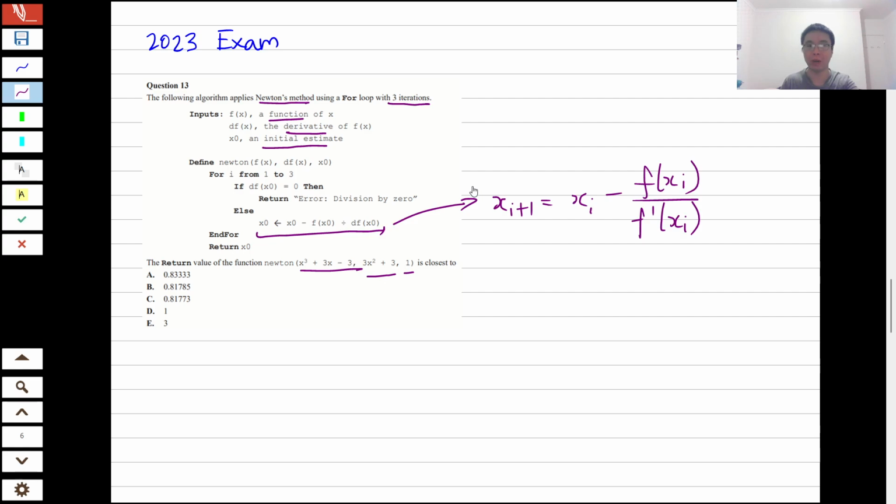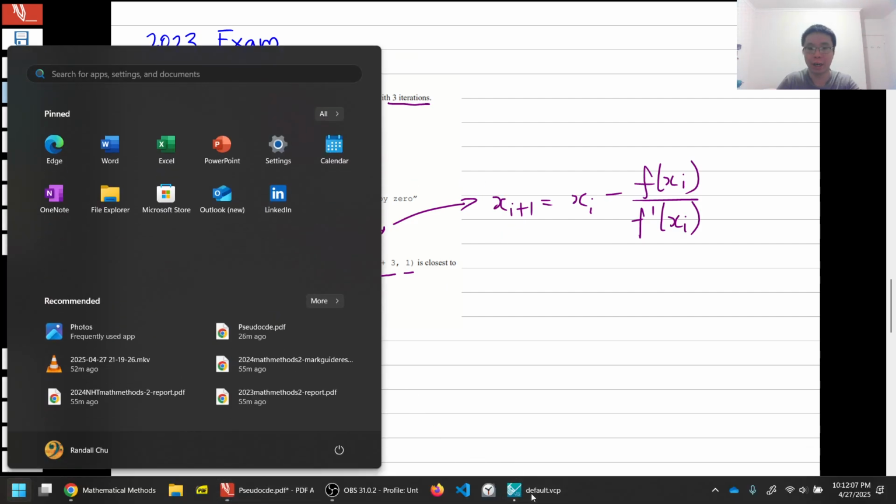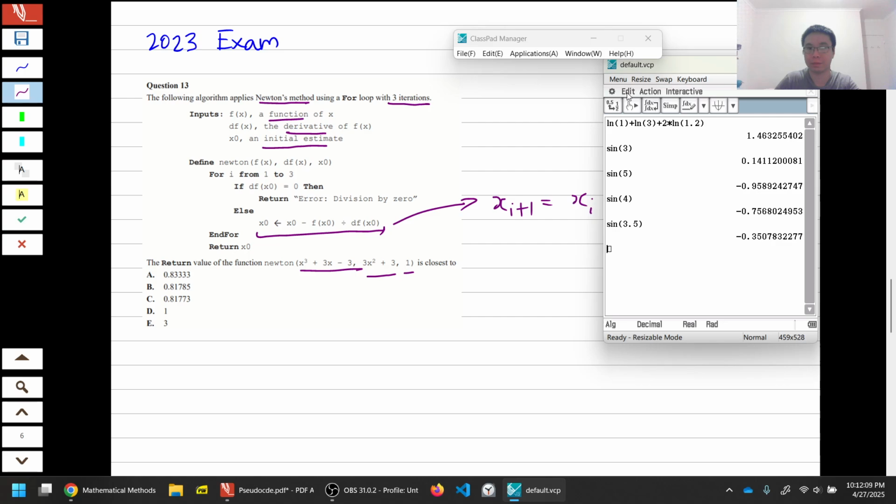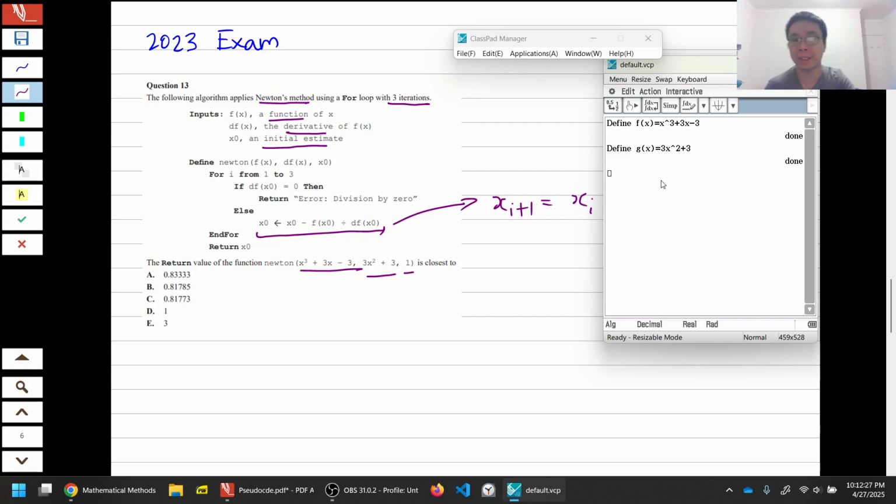So I'll show you how we can do this on the class pad. I'm going to define the function f of x equals x cubed plus 3x minus 3. And then I'm going to define the function g of x equals 3x squared plus 3. The reason why I've defined f and g this way is because now I can reuse the functions.